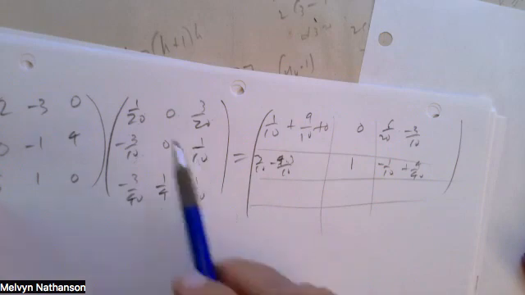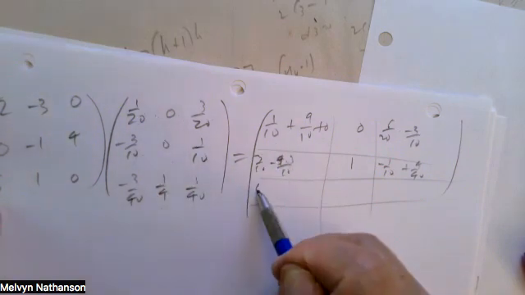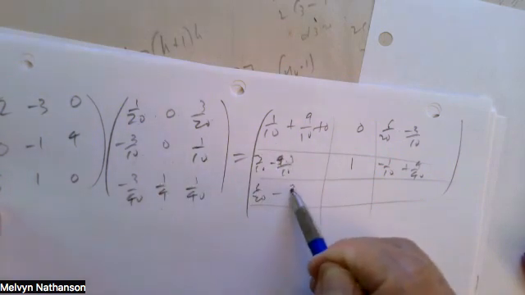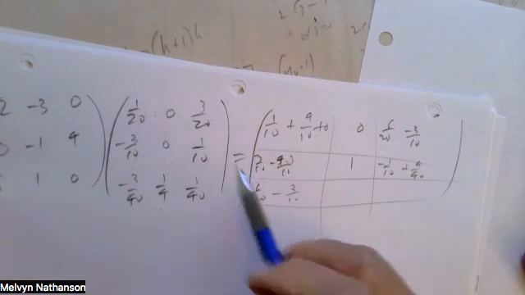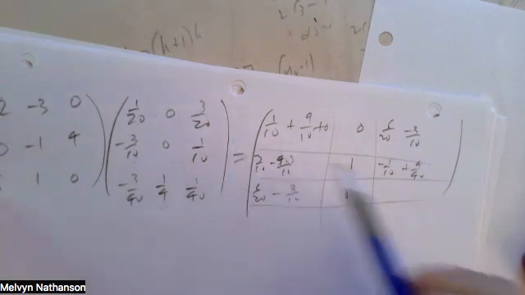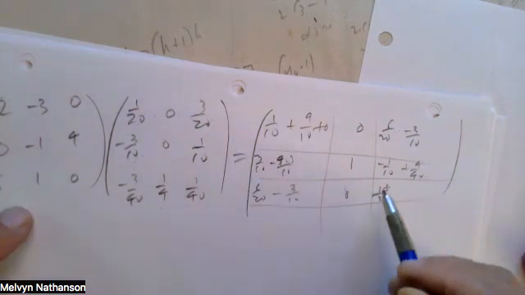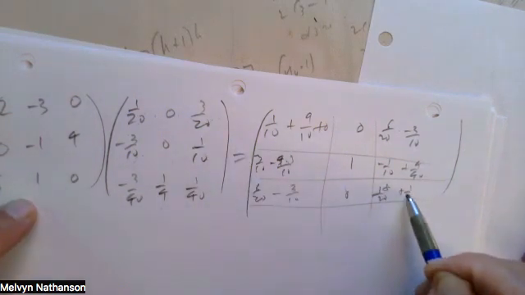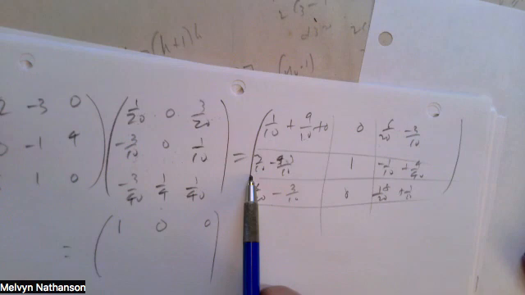And then for the last row, I get 6/20 minus 3/10, 0, 0, 0, 18/20 plus 1/10 plus 0. What is that? 1/10 plus 9/10 is 1. 0 is 0. 3/10 minus 3/10 is 0.